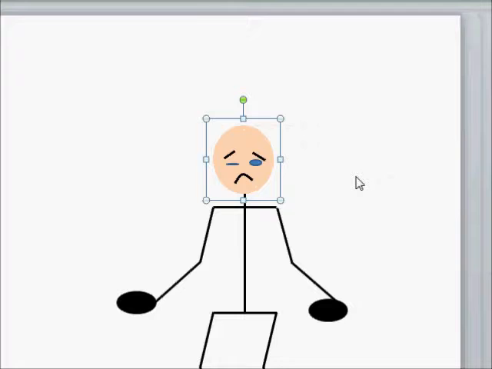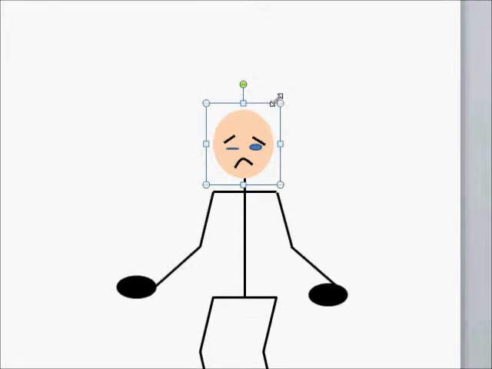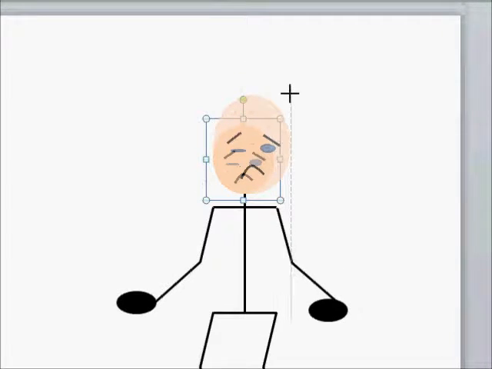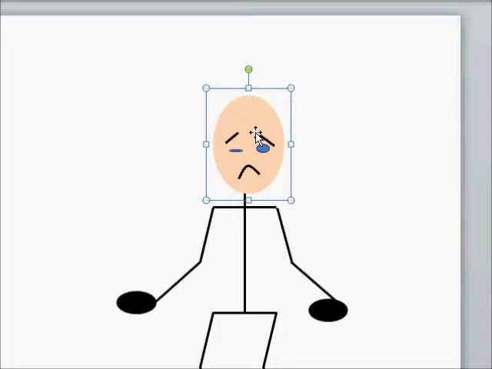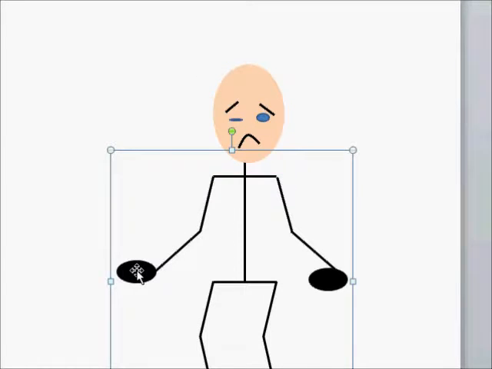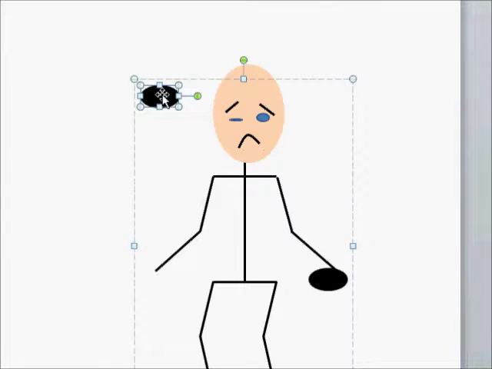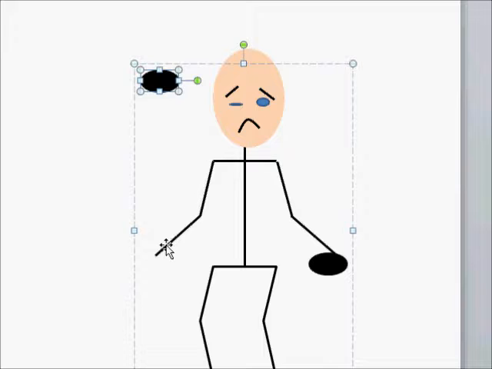So the idea is once I have my head, it's relatively easy to do something else with him. That head's a little small for that body. Now I've got this group, and I'm going to take his hand and put it up here. I'm going to take his arm, bring it up to his hand.